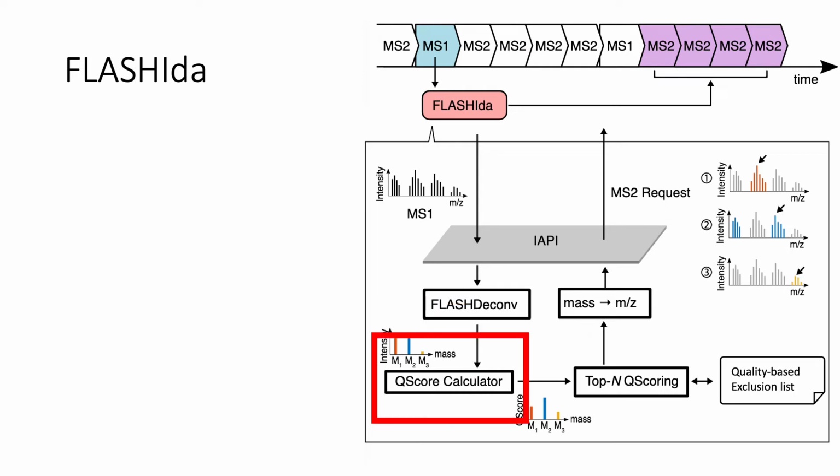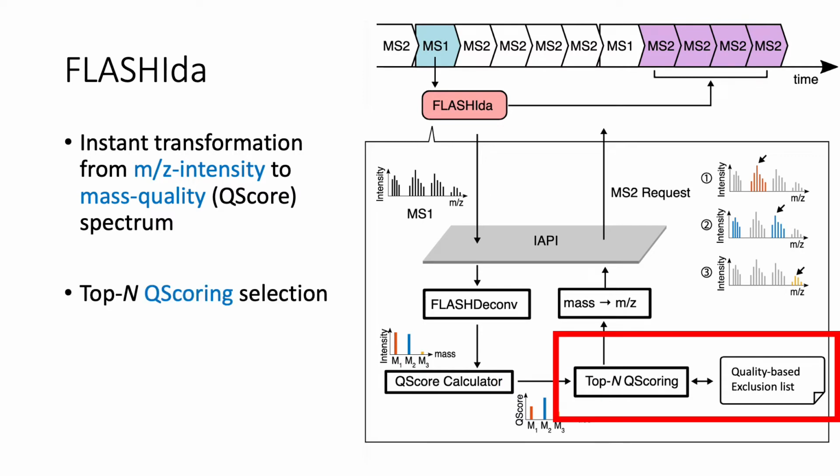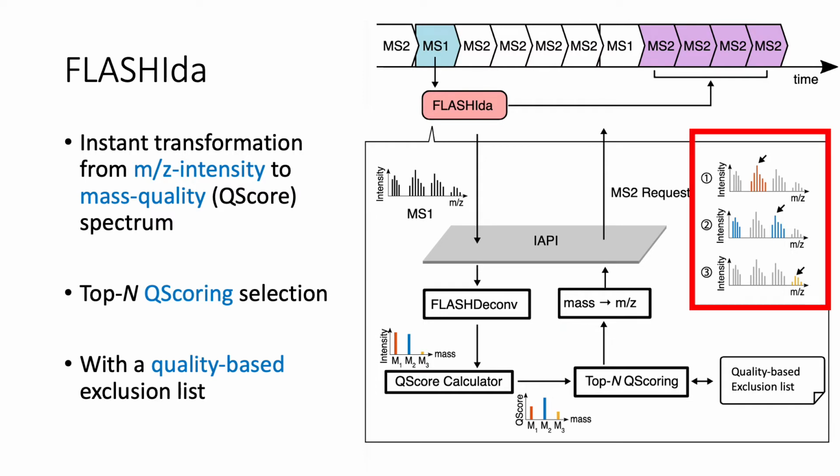Then the Q-score calculator, which measures the quality of precursor isotope envelopes, finally converts the spectrum into a mass quality, or mass Q-score, spectrum. On the transformed spectrum, top n Q-score selection instead of intensity selection is performed, with a quality-based exclusion list instead of a simple mass exclusion list. The selected precursor envelopes are then sent to the machine again using the Thermo Eye API.